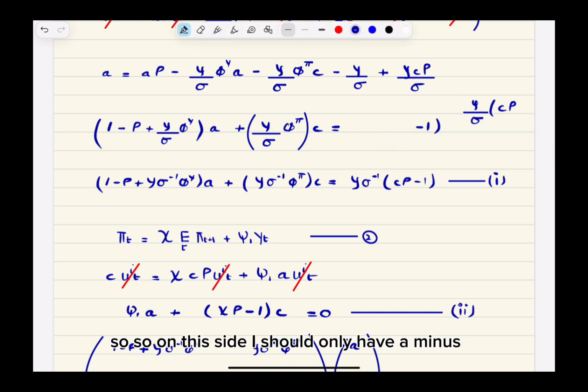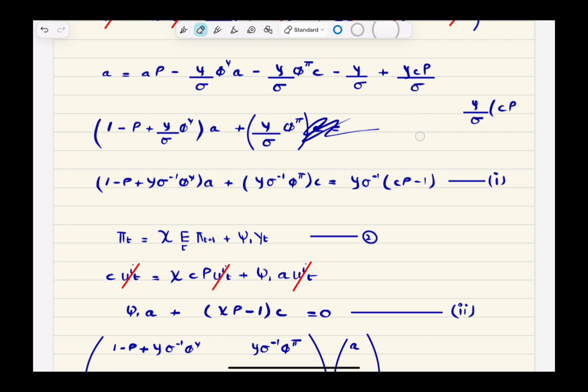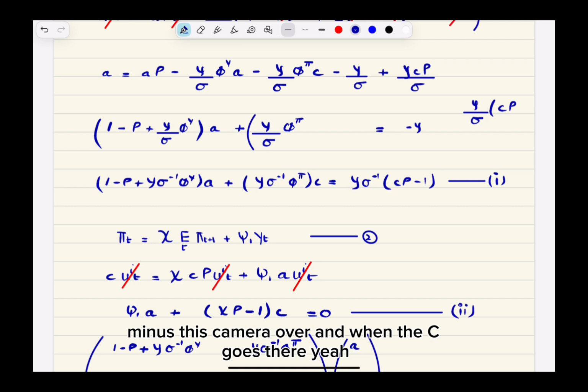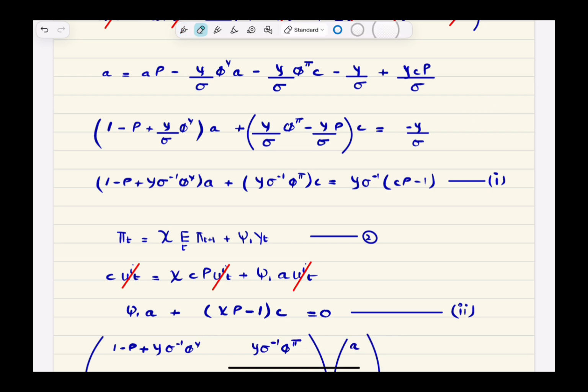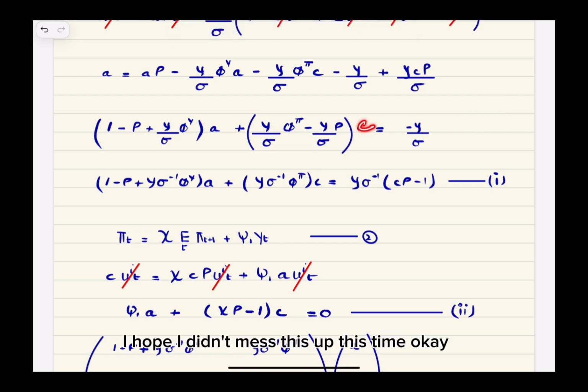So on this side, I should only have a minus this gamma over delta. And when the C goes there, there's going to be a row here. Yeah, now this looks better. Yeah, C is here. I hope I didn't mess this up this time.